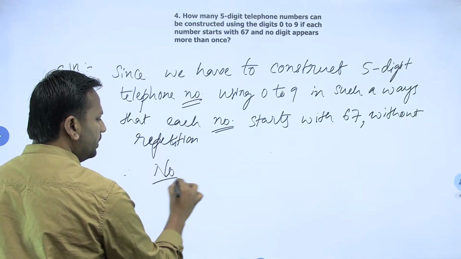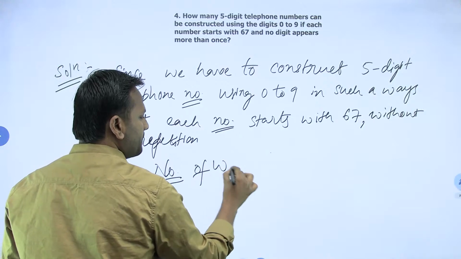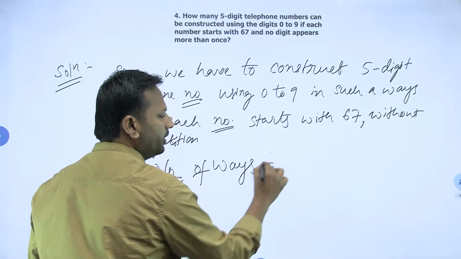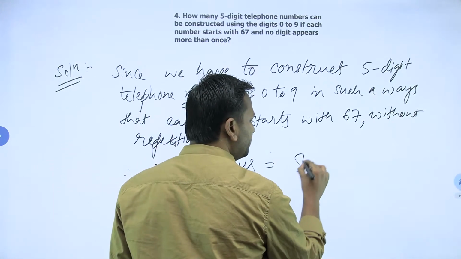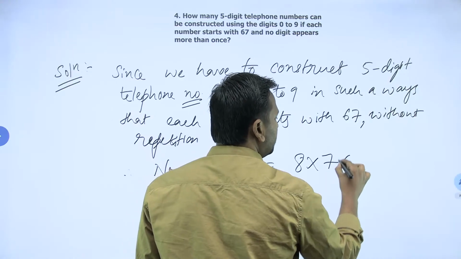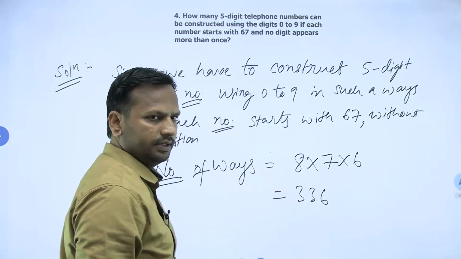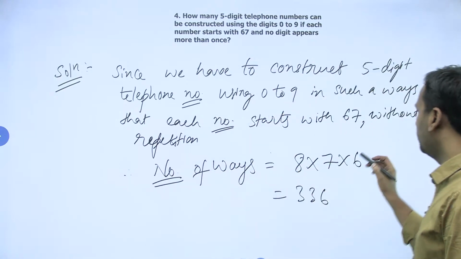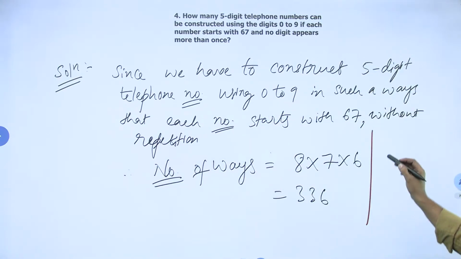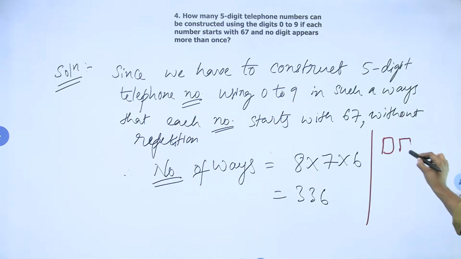Therefore, the number of ways will be, tell me the number of ways here, students. 8 into 7 into 6, that is 336 ways. Just now we did this. You can do it in rough work also, students. I have to form a 5-digit telephone number.